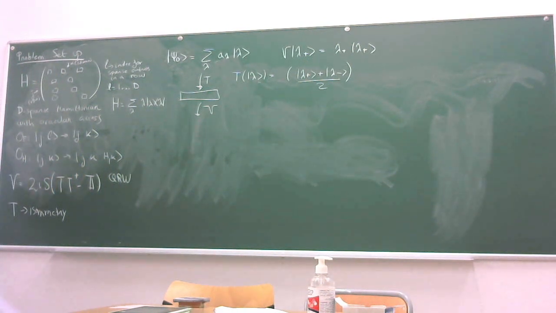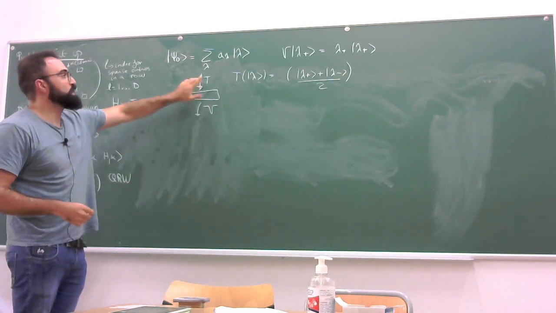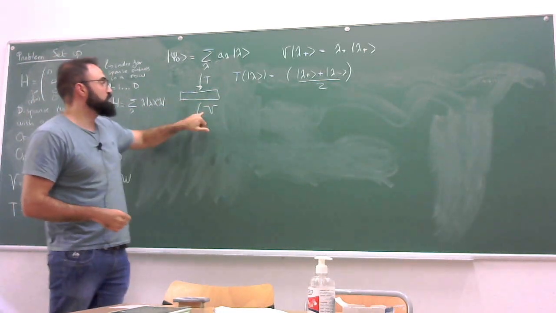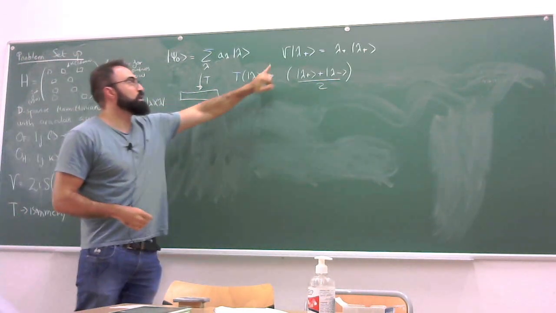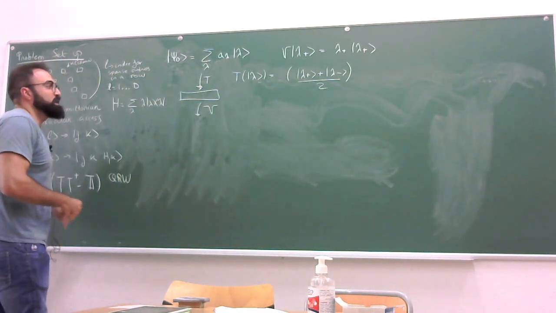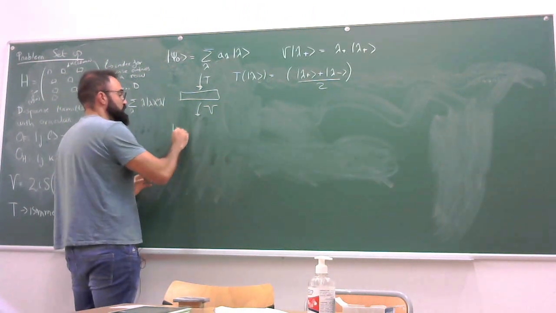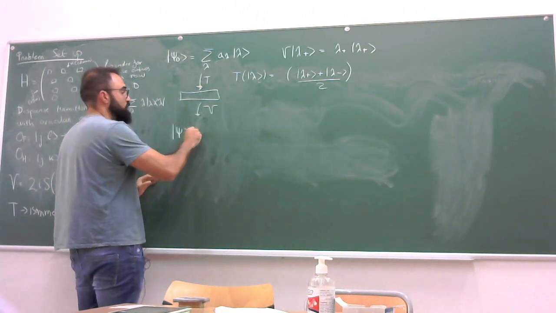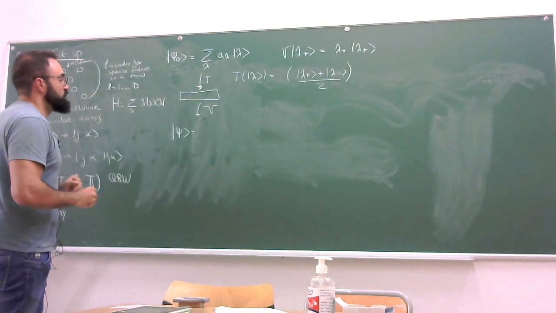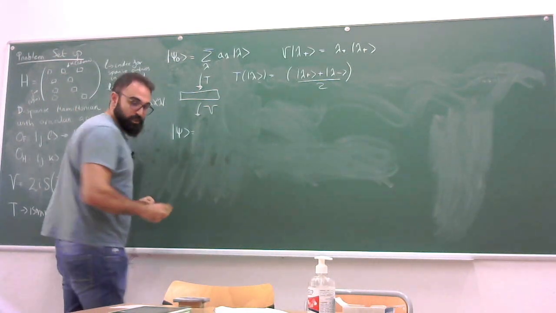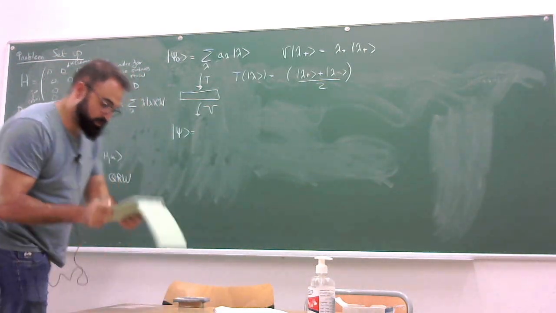So the thing is that when we apply the quantum random walk to this superposition, as these are eigenstates, we have the following final state, which is our initial starting point for the lesson of today. I'm going to write it down because it's quite important.